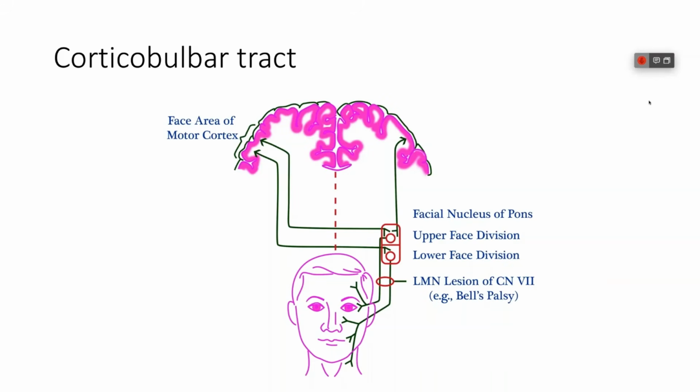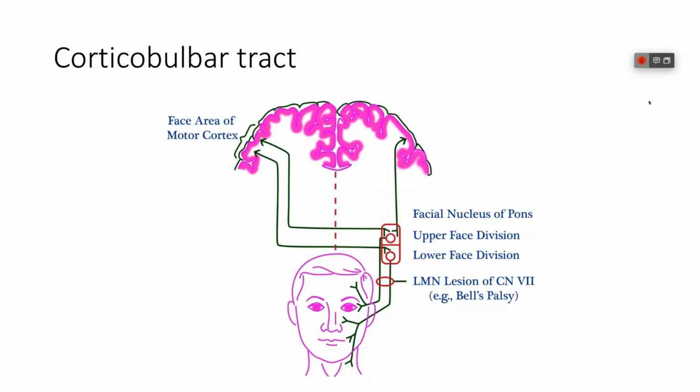Perfect. So the clinical correlate here is that if you have Bell's palsy, you get loss of both forehead and lower face motor function. If you have a stroke, your forehead is spared and your lower face is affected.